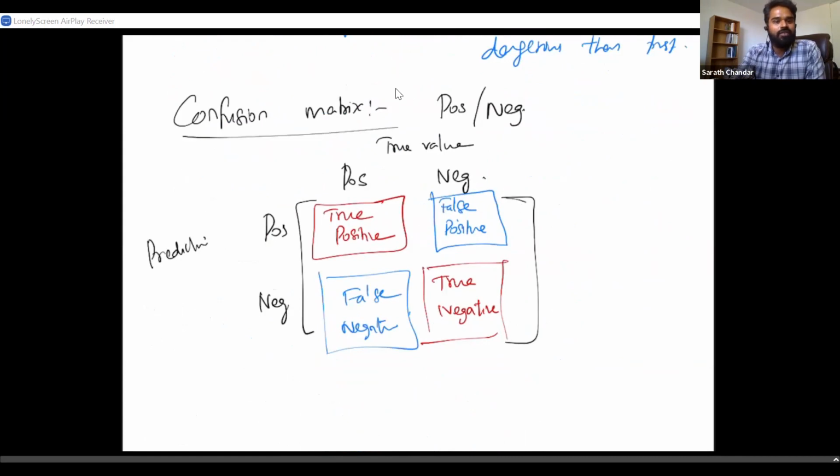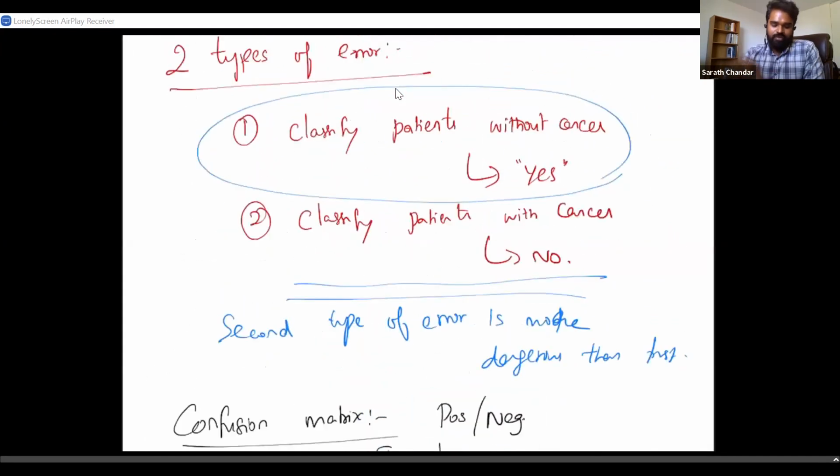Is it false positive or false negative? I cannot put both on the same slide. So, classify patients without cancer as yes, right? Is this false positive or false negative? Let's do a poll: A for false positive and B for false negative.